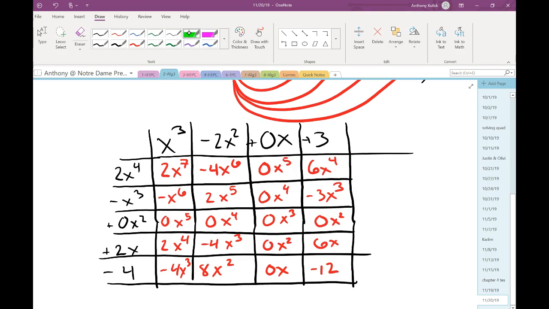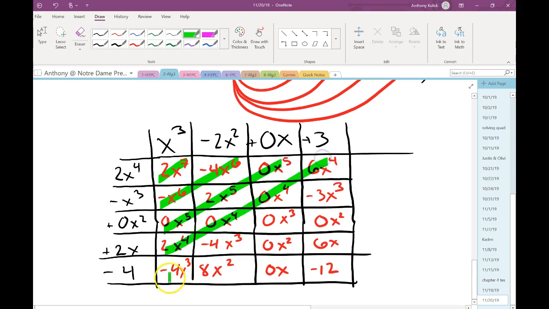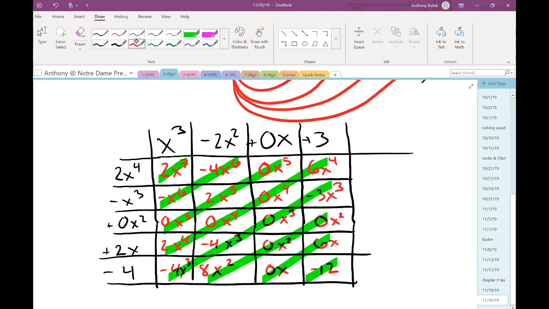What if you look along the diagonals? The exponents are the same, right? And that's the feature of this that is really nice, because what's that telling us? Those are our like terms that we need to combine together to get our final answer exactly right.